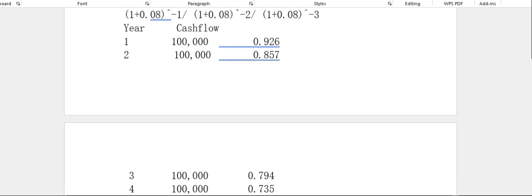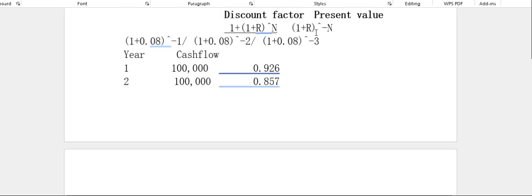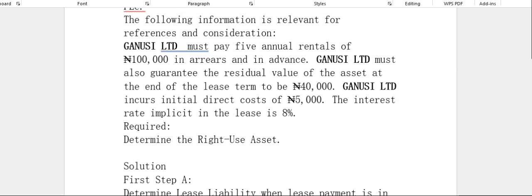What will be the present value for year 1? 92,600. This is the discount factor, then your present value, PV. So you said 92,600. That's correct.